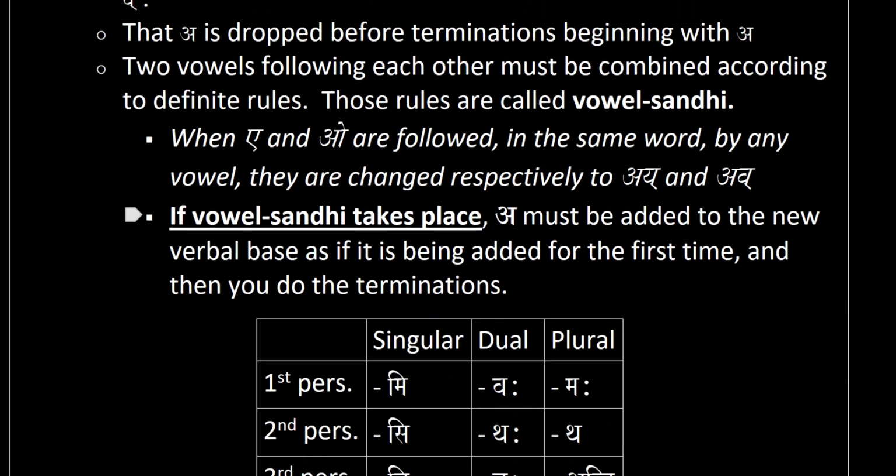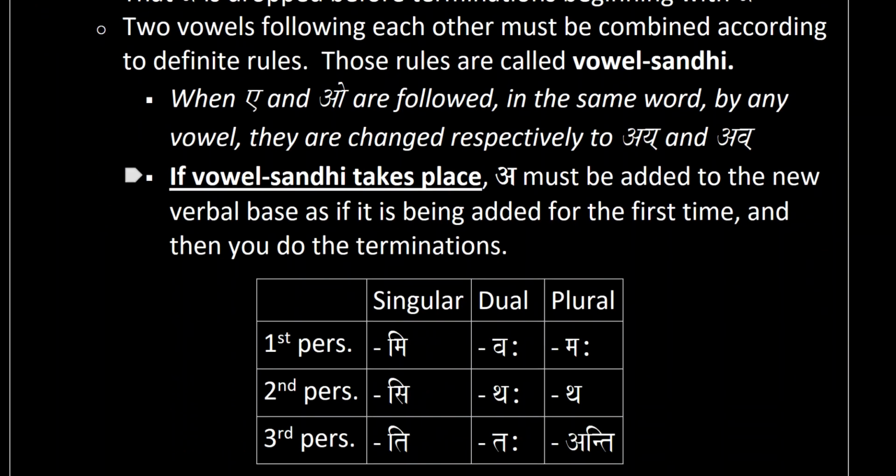And let's go over what these terminations are. Remember, in one of the videos I showed you the format of the conjugation. So this is the table here. First person, second person, third person, singular, dual, plural. This table should ring a bell. Only that in this case, there's no English in here because now we're finally dealing with Sanskrit.